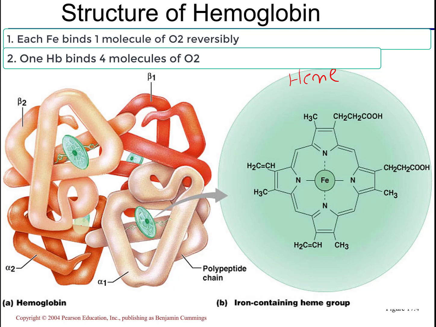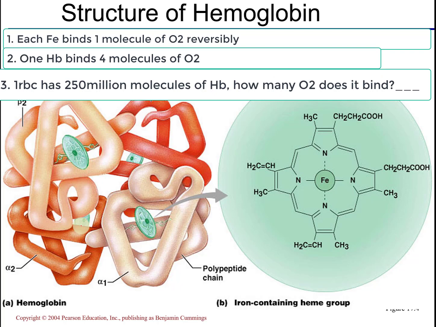Now the next question is, 1 red blood cell has 250 million molecules of hemoglobin. That's 2.5 times 10 to the 8th molecules of hemoglobin. So how many molecules of oxygen does 1 red blood cell bind? So think about that.